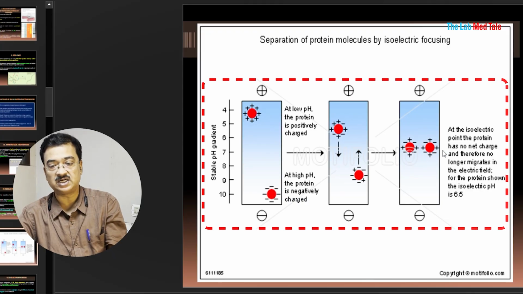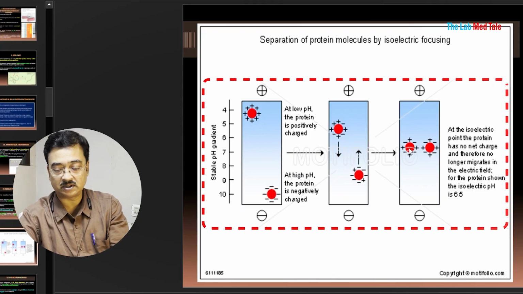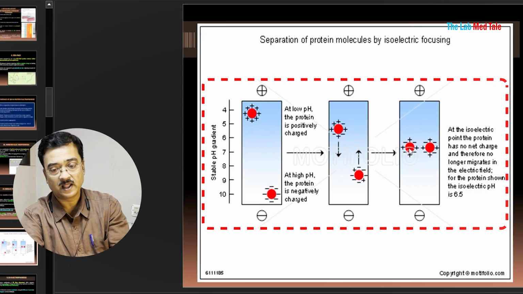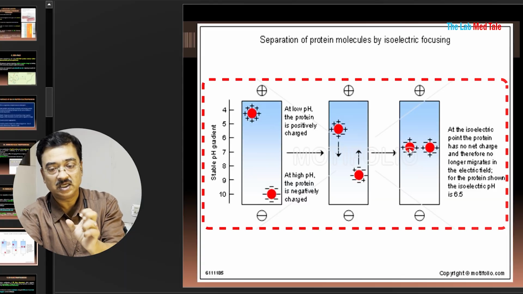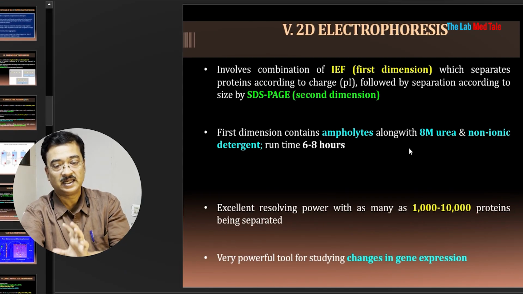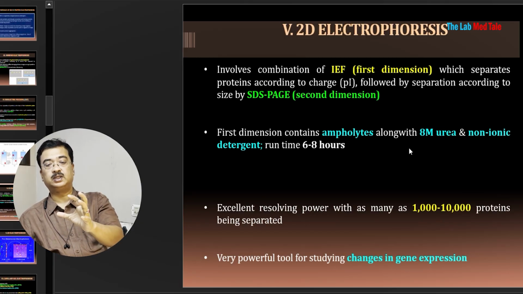So it is chargeless. So it settles there only. So this is isoelectric focusing, by which you can find out each and every molecule at its isoelectric pH. There is another condition called two-dimensional electrophoresis using both methods.